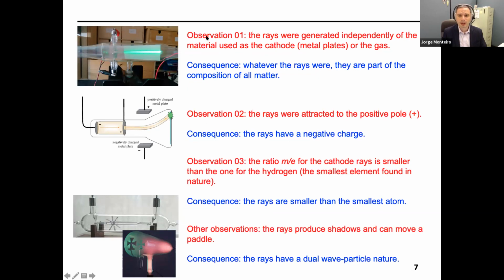Observation number one, the rays were generated independently of the material used as the cathode, or the metal plates over here, or the gas inside the tube. Okay, so whatever were the rays, they are part of the composition of all matter.